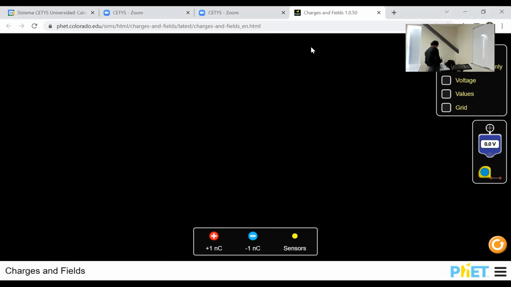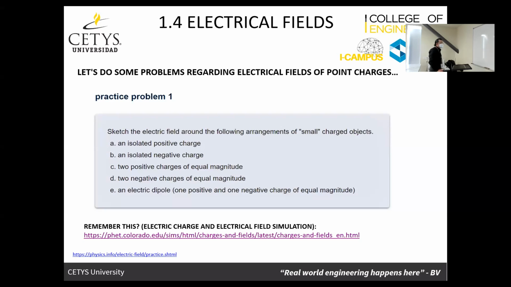And the last situation is what's called, and we're going to be referencing this concept, an electric dipole. By the way, it's dipole or bipole.